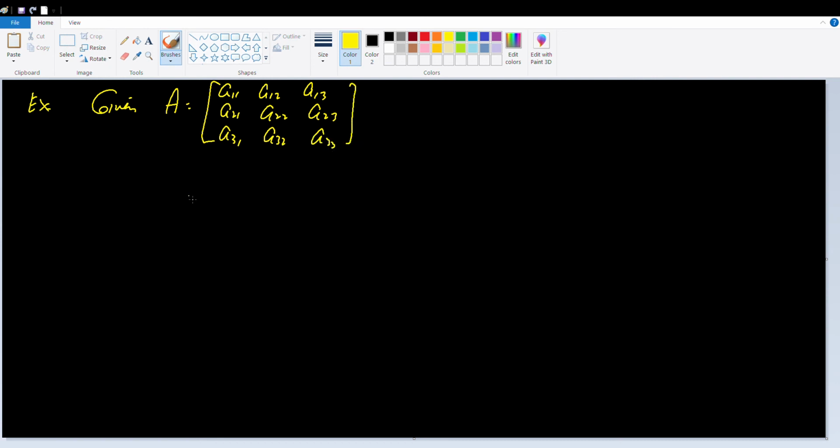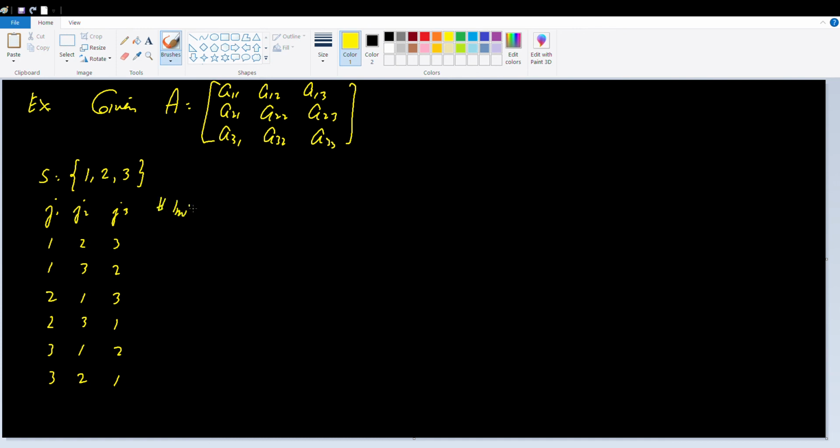Alright, so we start by writing the set S. Since it's a 3 by 3, the elements of S are 1, 2, and 3, and the permutations are 1, 2, 3; 1, 3, 2; 2, 1, 3; 2, 3, 1; 3, 1, 2; and 3, 2, 1. Let us indicate the number of inversions. That will be 0, 1, 1, 2, 2, and 3. So what is the classification?